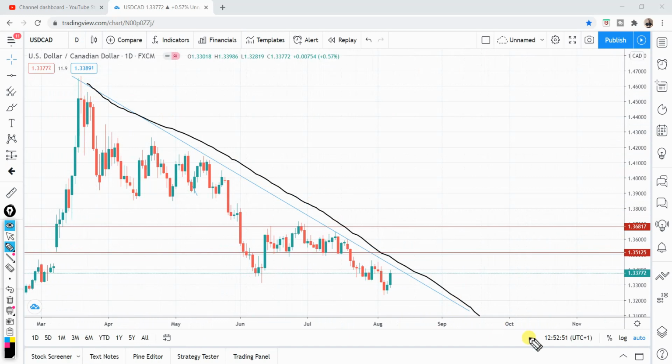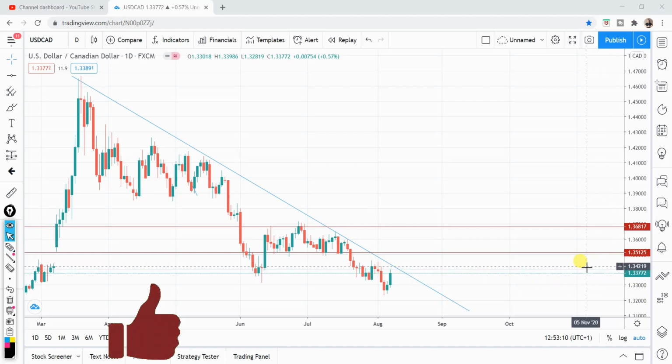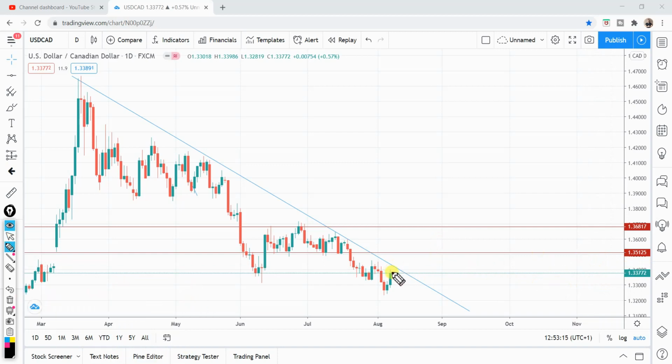Obviously, we have this nice daily trend line in here, which is still in play, and when the market opens, I'm looking at how the price is going to come up, if it decides to come up, even to this daily resistance level, which is around 40 or 50 pips away, currently 134.22 roughly at the zone. And we're probably going to see on Monday how the price comes up to this level. We also have these highs, as well as the trend line. So we're going to see how it goes.